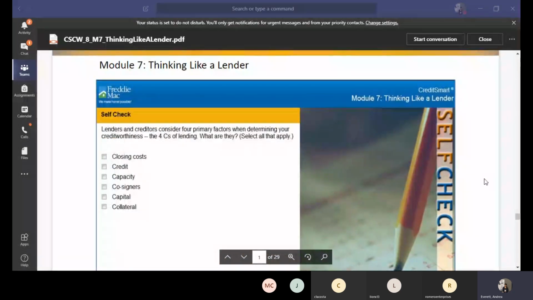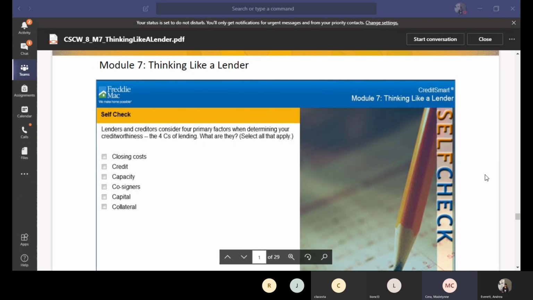So moving on to another self-check, knowledge check. Maddie? Okay. Lenders and creditors consider 4 primary factors when determining your credit worthiness. The 4 C's of lending are, is it closing cost? Brock, you want to answer that? You think closing costs is one of the 4 C's? Okay, Jacob, no, good. No, closing cost is not one of the 4 C's.